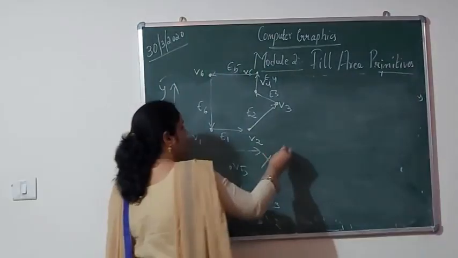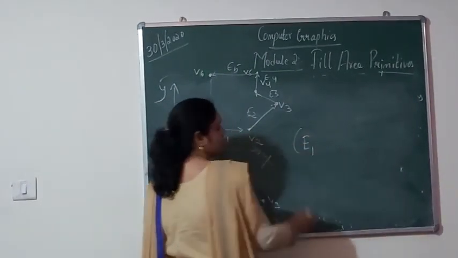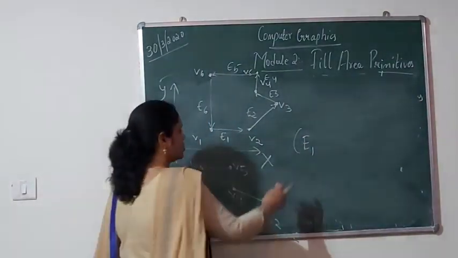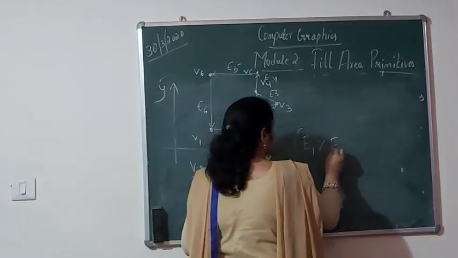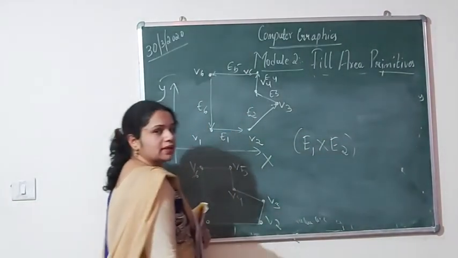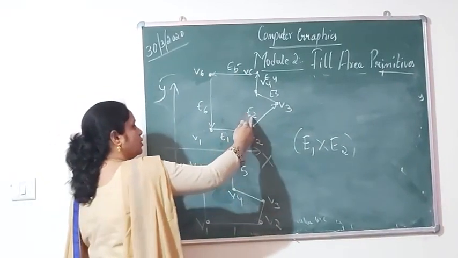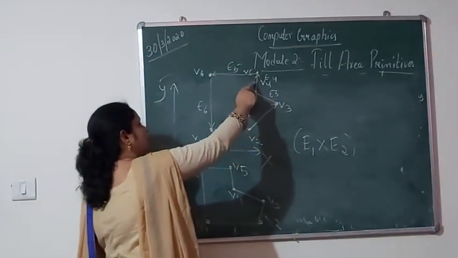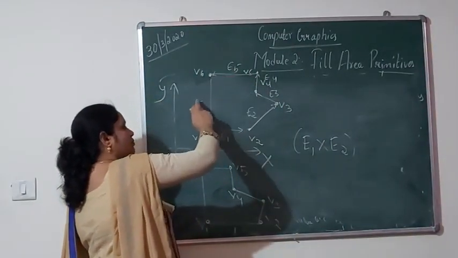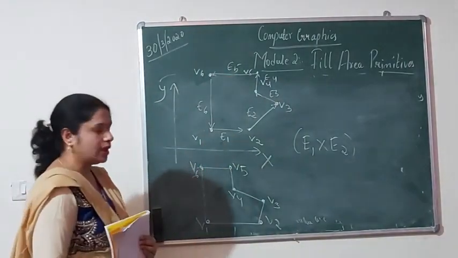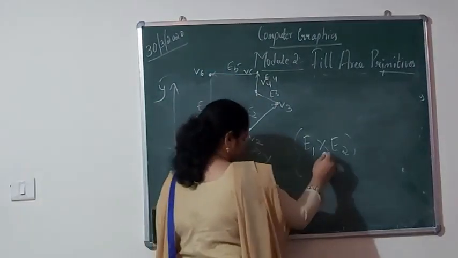So we have to find the cross product of these edges, right? I will be finding the cross product of successive pairs of edge vectors. Successive pairs means what? E1 to E2, E2 to E3, E3 to E4, E4 to E5, E5 to E6 and E6 to E1, right? So let me write the successive pairs first.